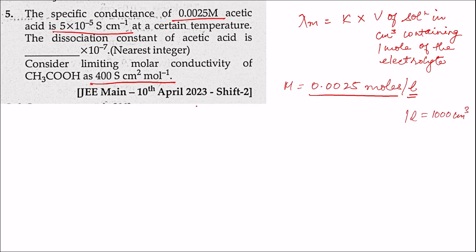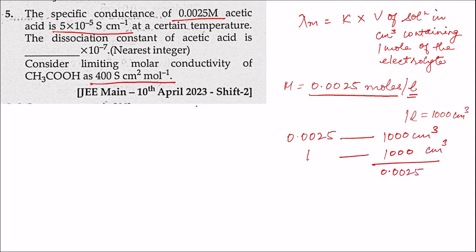It can be said that in 1 liter 0.0025 moles of electrolyte is present, or it can also be said that 0.0025 moles of electrolyte is present in 1000 centimeter cube of the solution. Therefore, 1 mole of electrolyte is present in 1000 divided by 0.0025 centimeter cube of solution.